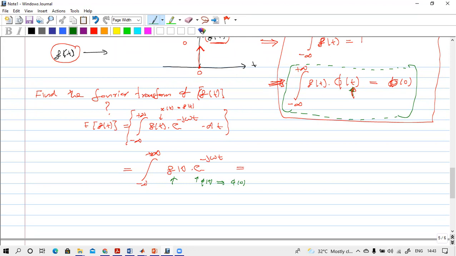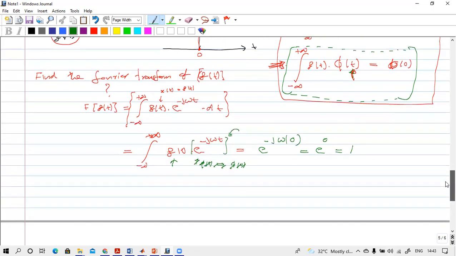If you substitute 0, what is the value? e to the power minus j omega 0, that means e to the power 0, and the answer is 1.